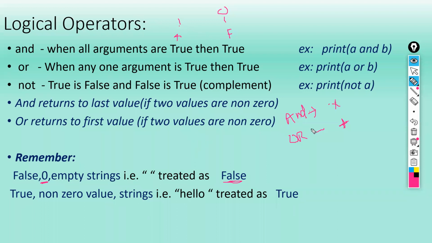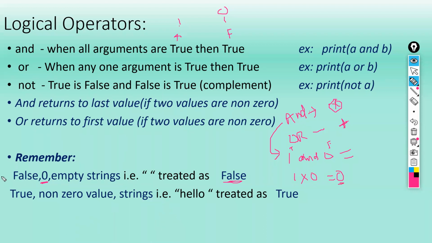So what happens is, if we take 1 and 0, that is true and false, I said AND is multiplication. 1 into 0, what is the value? It's simply 0.